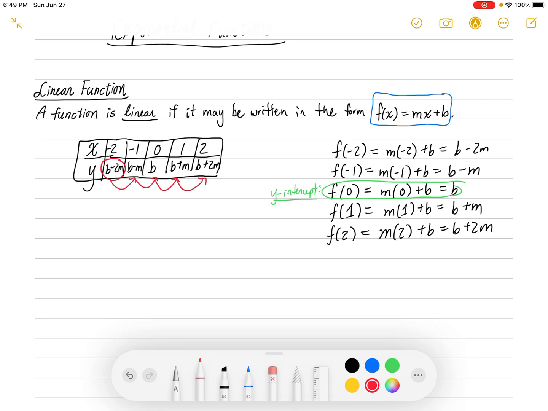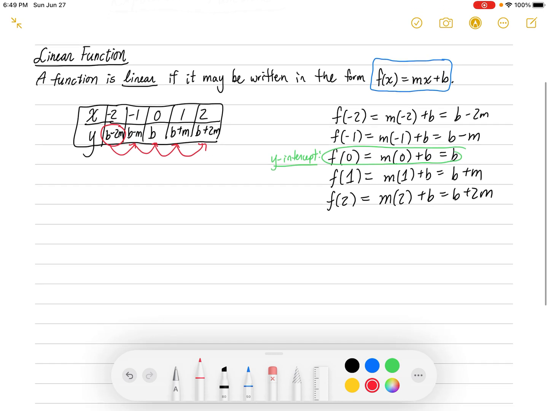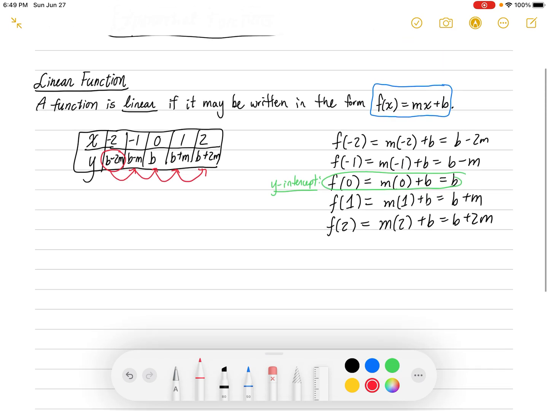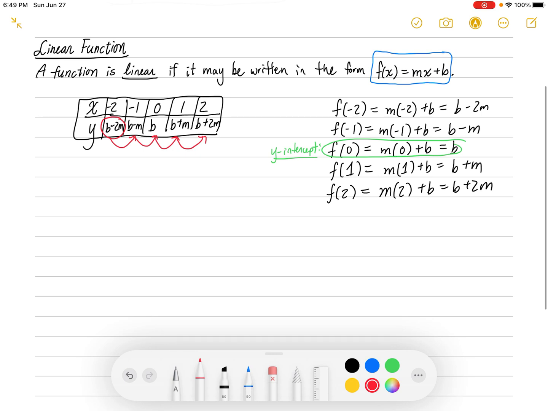The x counts up by 1, and the y counts up plus m, plus m, plus m. There's this constant adding of m at every stage where the integer is increased by 1. That's the idea. You're constantly adding m, which is your slope.